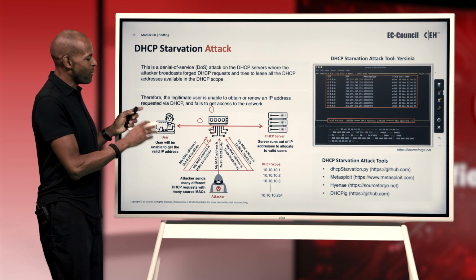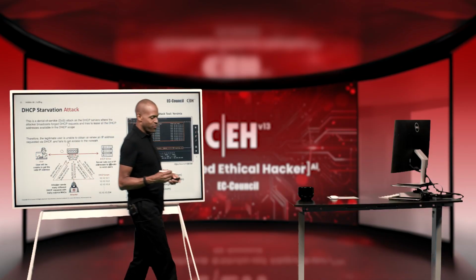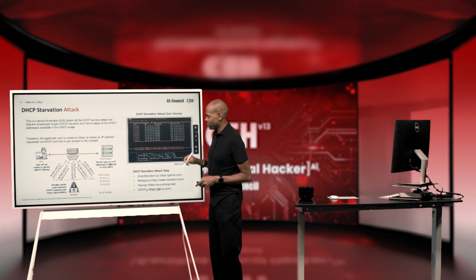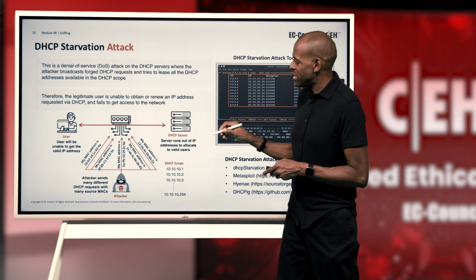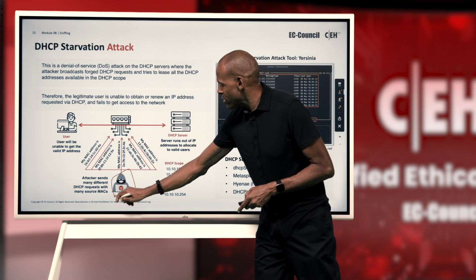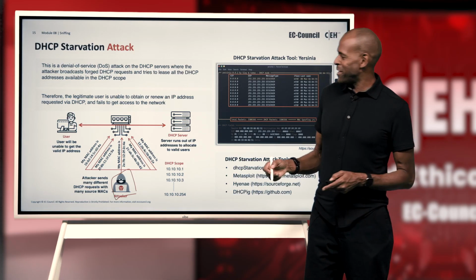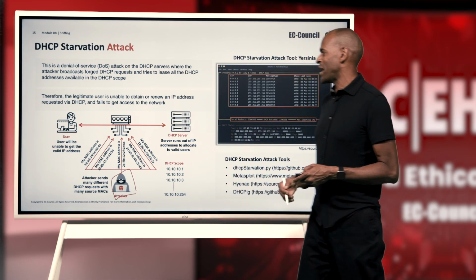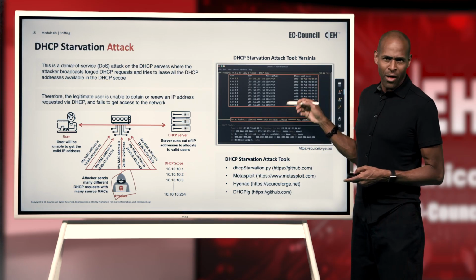So let's look at what happens here with a DHCP starvation attack. And before I do that, I need to do a little erasing on this board so that we have the appropriate marks here. So with a DHCP starvation attack, what's going to happen is this hacker, this ne'er-do-well, or it could be me, I might be running it in a lab, is going to send a whole bunch of illicit requests to the DHCP server, and you're going to fill up all the DHCP scopes.